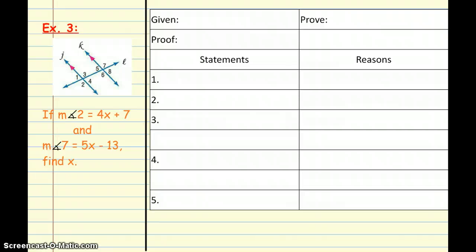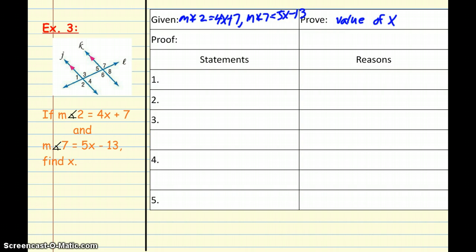So again, we are given measure of angle 2 is 4x plus 7, and the measure of angle 7 is 5x minus 13. Sorry, we need to prove or find the value of x.